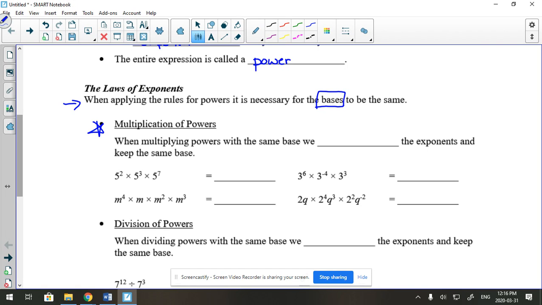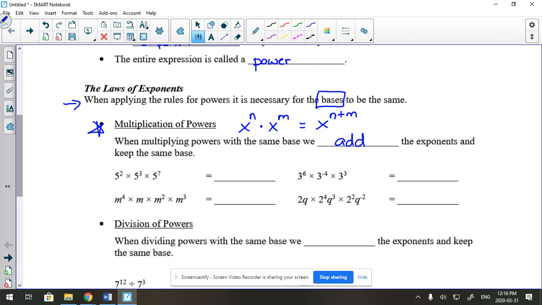If you have x to the n multiplied by x to the m, notice the bases are both the same, so you can combine and simplify it. It's x to the n plus m. When multiplying powers with the same base, all you have to do is add the exponents.